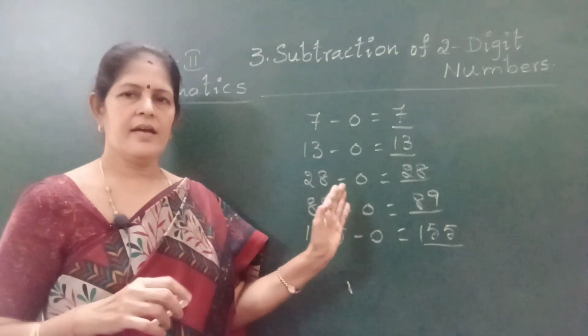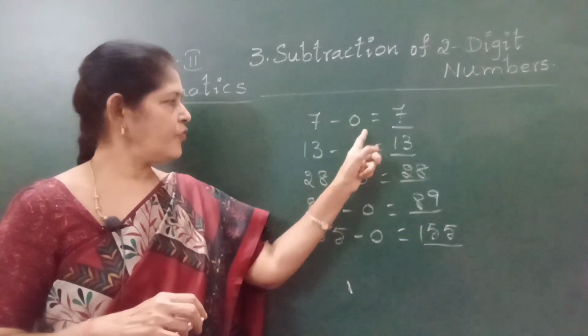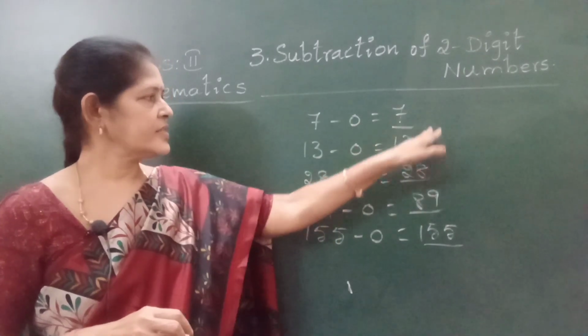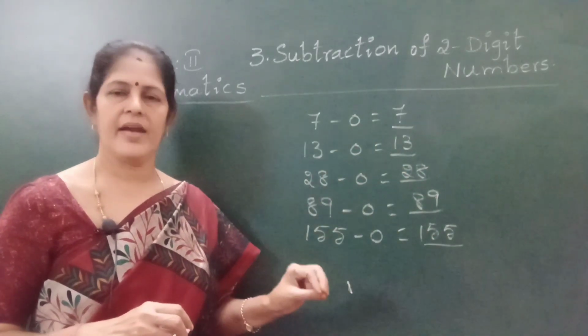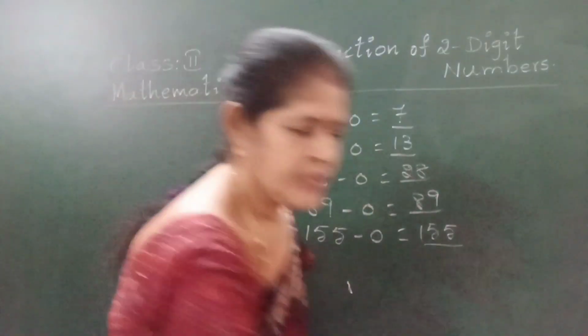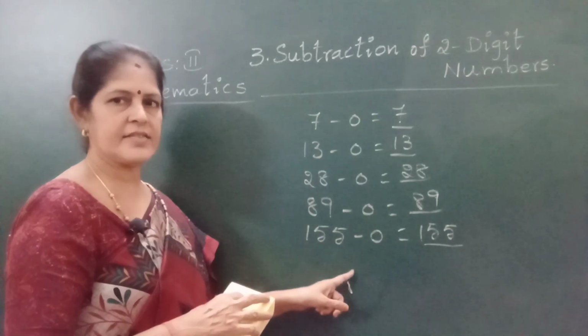This is the rule in the subtraction. When we subtract 0 from a number, the result is the same number. Result means difference.